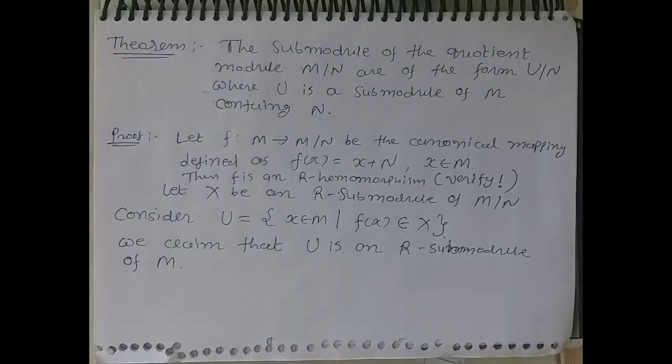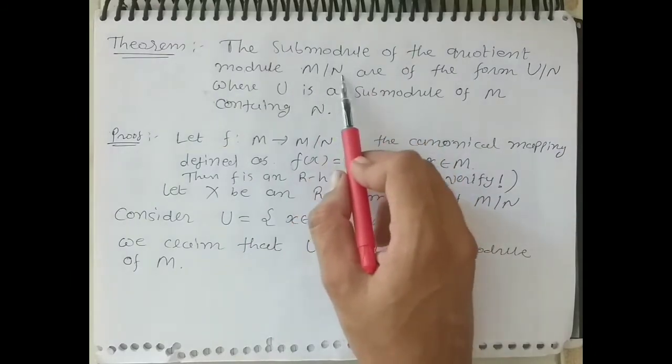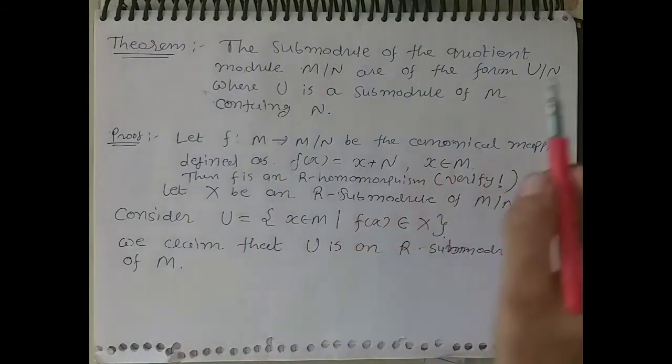Okay, શું પ્રૂવ કરવાનું છે? તો કે આપણે કોઈ સબમોડ્યુલ જ્યારે M quotient N નું કન્સિડર કરશું તો તેનું ફોર્મ કેવું હશે?